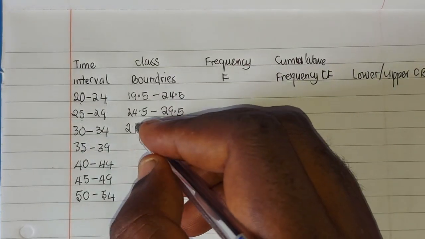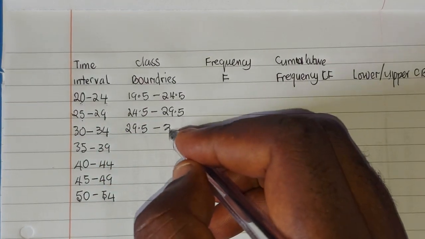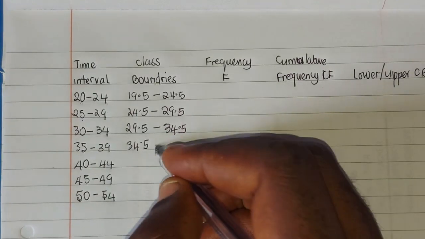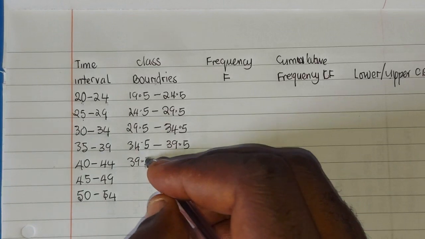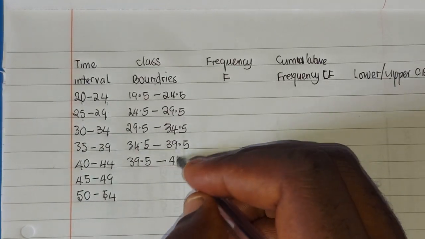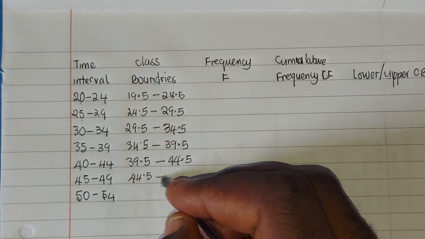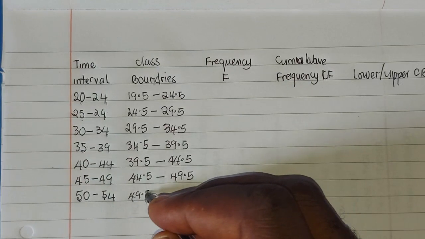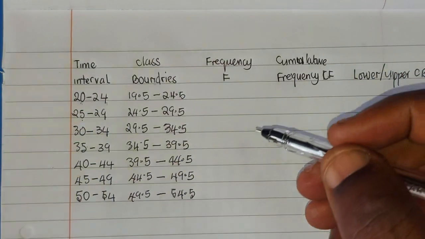Then 29.5 to 34.5, 34.5 to 39.5, 39.5 to 44.5, 44.5 to 49.5, and 49.5 to 54.5.